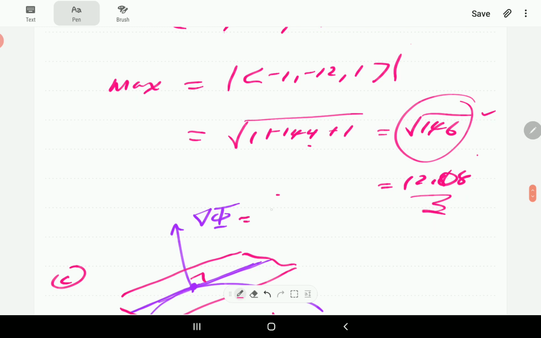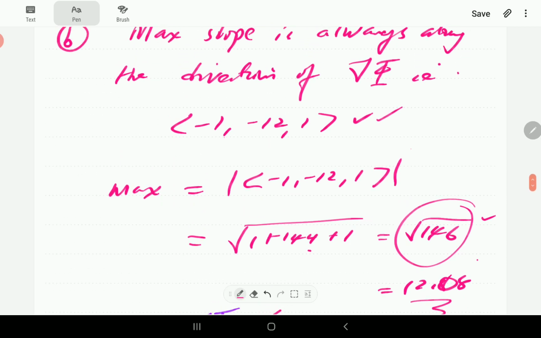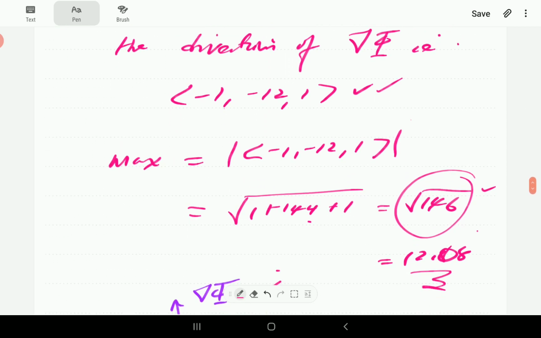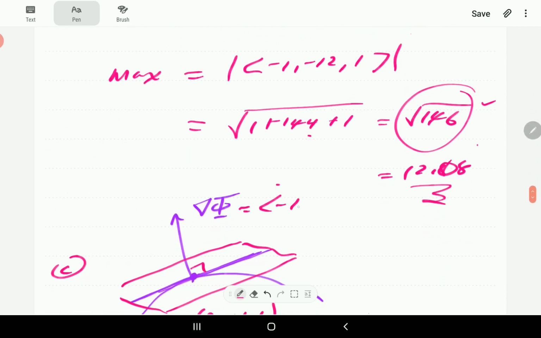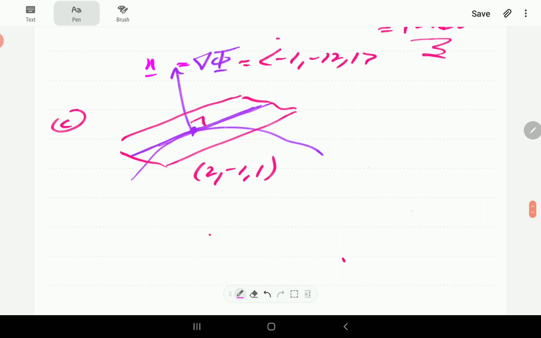The gradient vector, which is going to be the normal vector, is minus 1, minus 12, 1. So this is going to be our normal vector of the tangential plane.